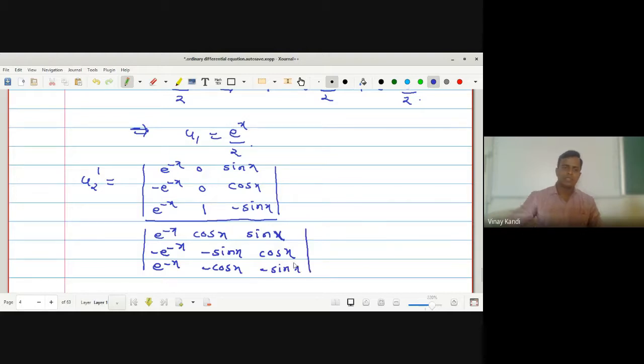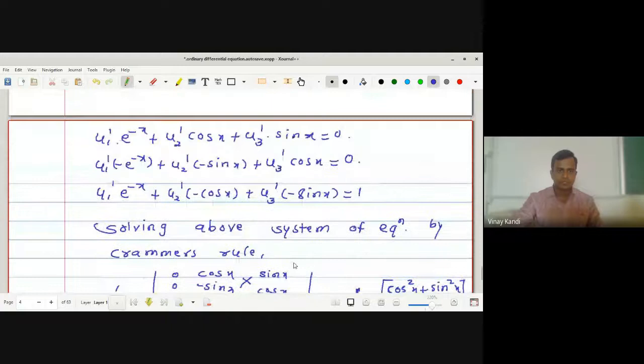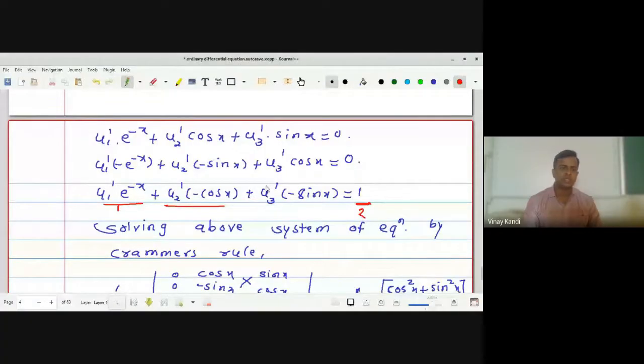ओके, बघा U1 च्या वेळेस काय केलं नीट लक्ष द्यायचं. जेव्हा तुम्ही U2 काढताय तेव्हा फर्स्ट कॉलम हा येणार, सेकंड कॉलम हा येणार तुमचा. ओके, रिप्लेसिंग सेकंड कॉलम बाय दिस वन 0 0 बी असताना U2 डॅश. आता U3 डॅश काढताना काय येईल, हा फर्स्ट, हा सेकंड आणि हा थर्ड. ओके.